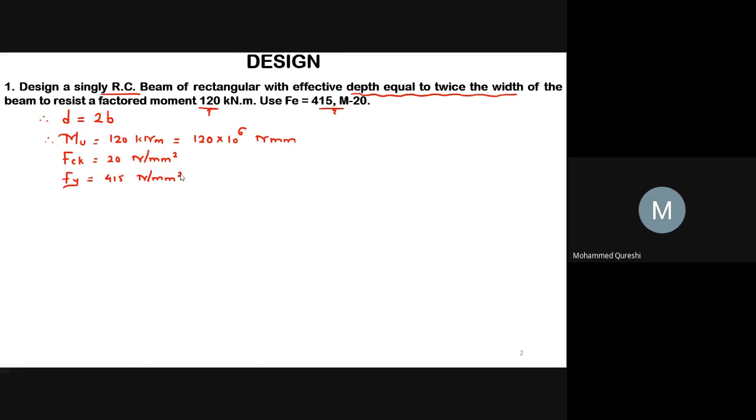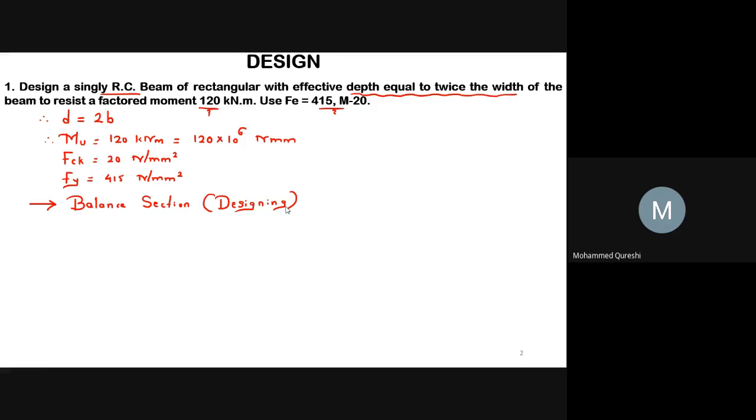Hence, we will assume that we are going to design as a balanced section, since specification of section is not given in the statement.